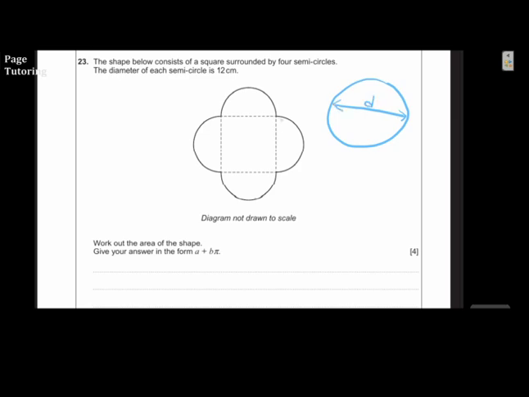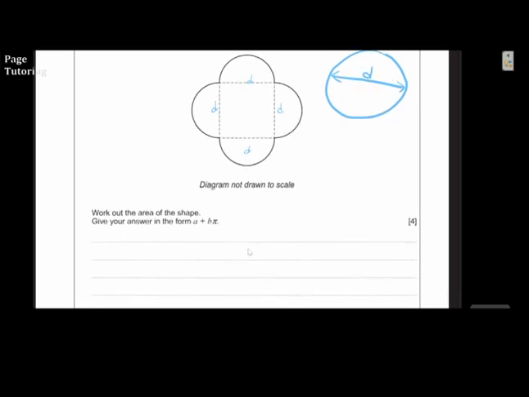So if we look at our diagram before we've even read the question, we'll know that these dotted lines here will be the same length as the diameter. So it says work out the area of the shape. Give your answer in the form a plus b pi. So that means that we don't need to actually work out the area of the circle. We can leave it in terms of pi.